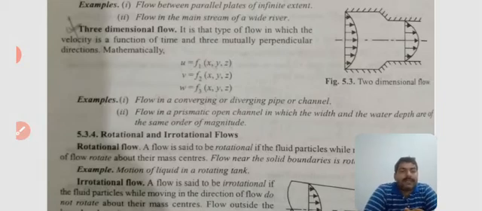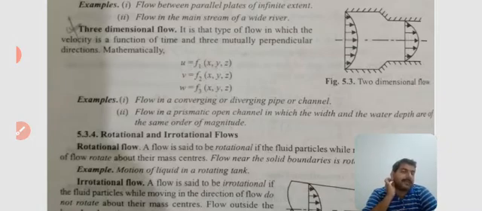Examples of three dimensional flow are flow in a converging or diverging pipe or channel, and flow in a prismatic open channel in which the width and the water depth are of the same order of magnitude. Now, rotational and irrotational flow are covered in the pictures below.